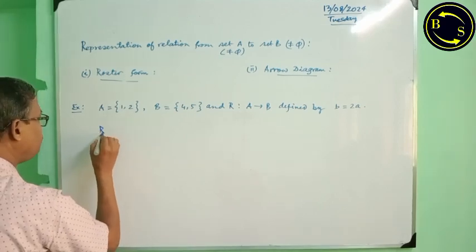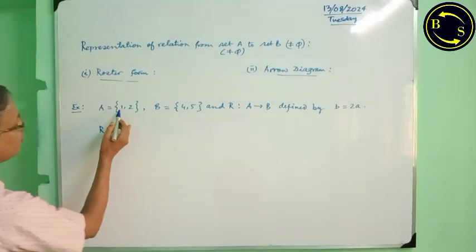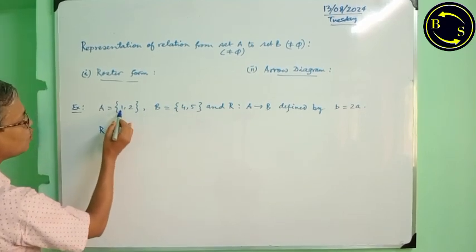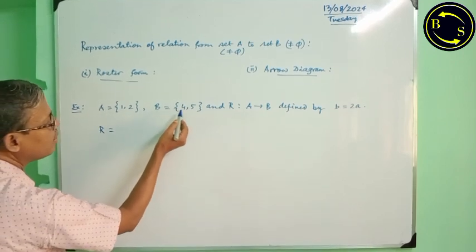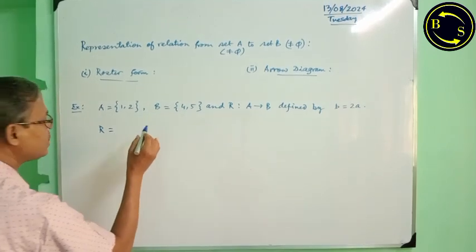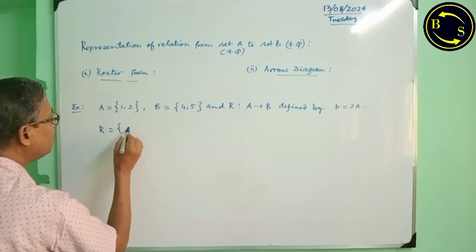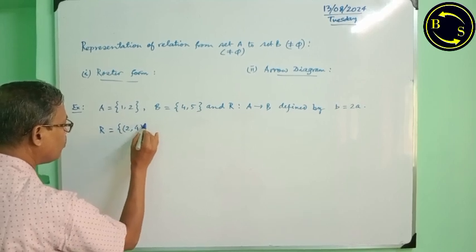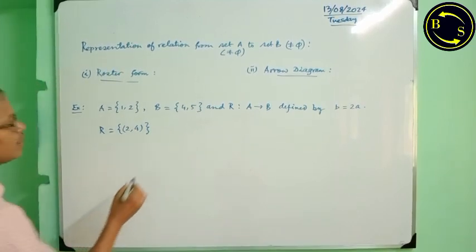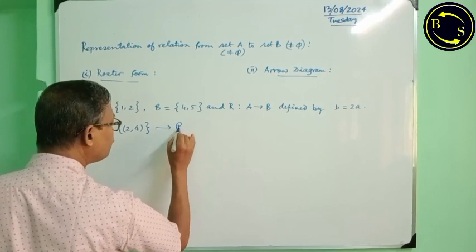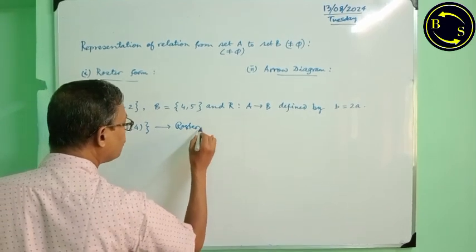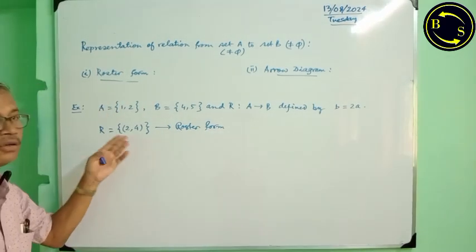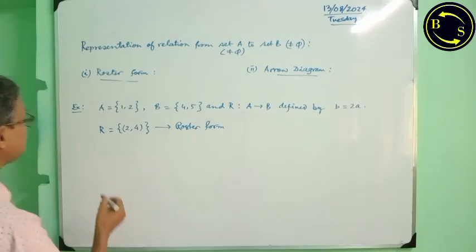Then R will be equal to: 2 times 1 is equal to 2, that is not a member of set B. 2 times 2 equal to 4, that is a member of B. Therefore, in this case the relation will be as shown; this is roster form. We have mentioned here all the ordered pairs separately.